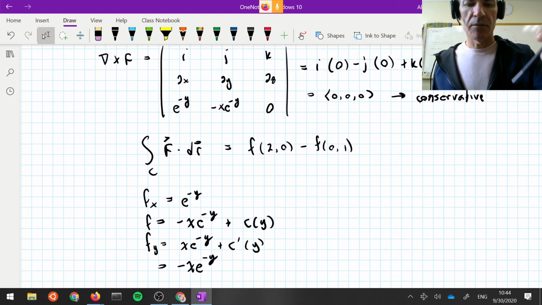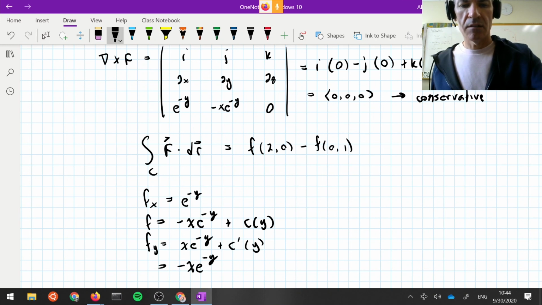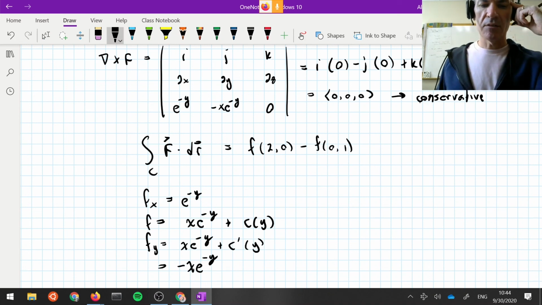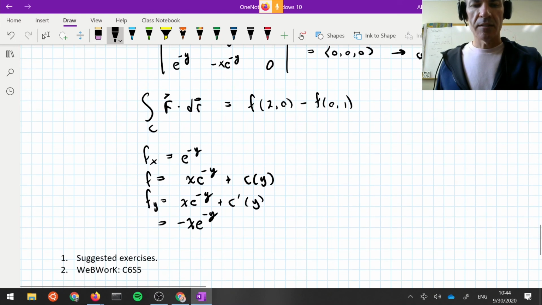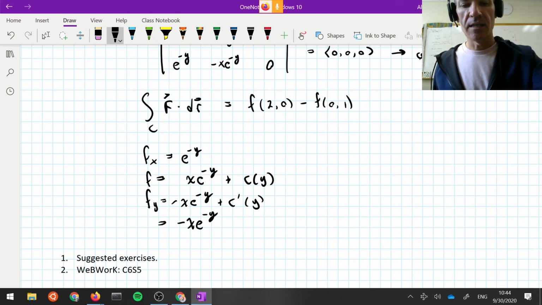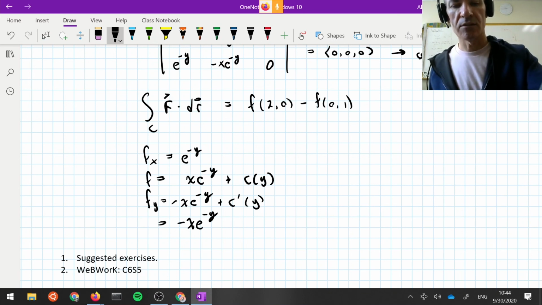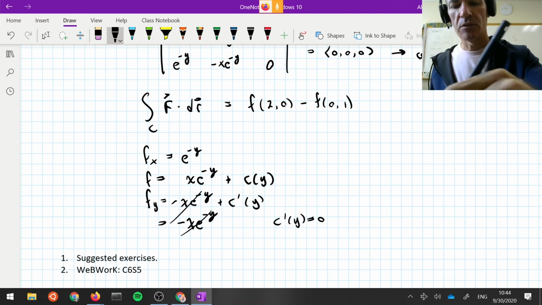If I anti-differentiate with respect to x, I should get x e to the minus y. And if I take the partial with respect to y, I should get minus x e to the minus y, and then that has to equal minus x e to the minus y. So those go away.